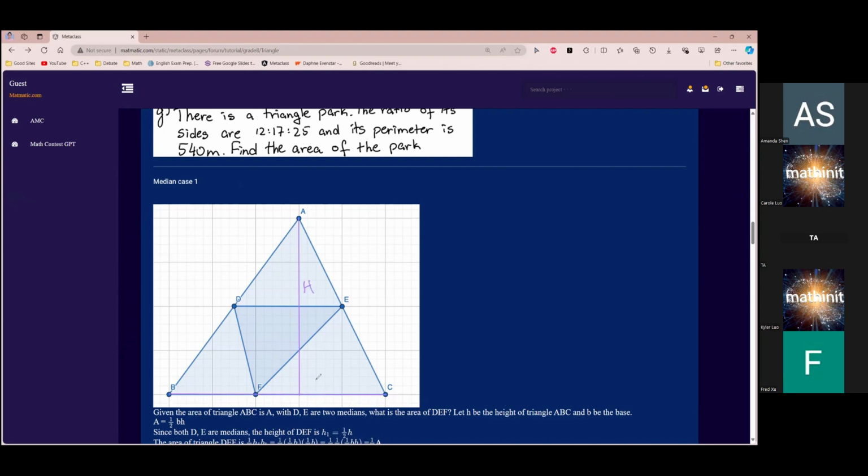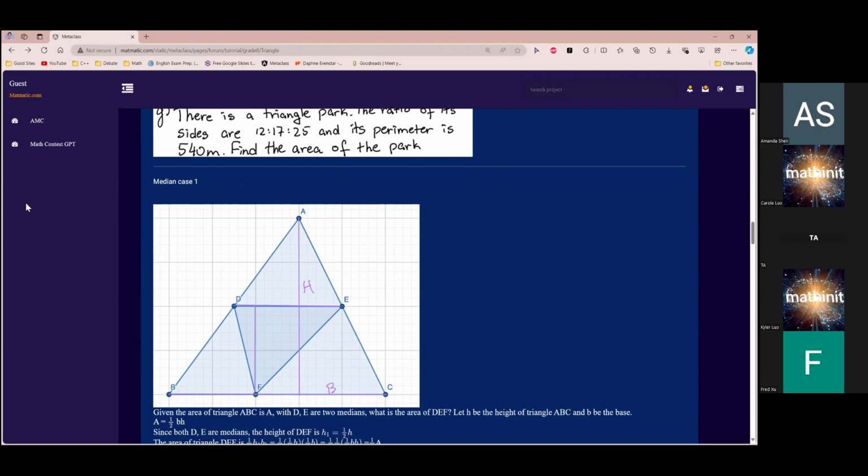I'm gonna say that this is uppercase H and this is uppercase B, and this is the height for DEF, and this is the base for DEF.